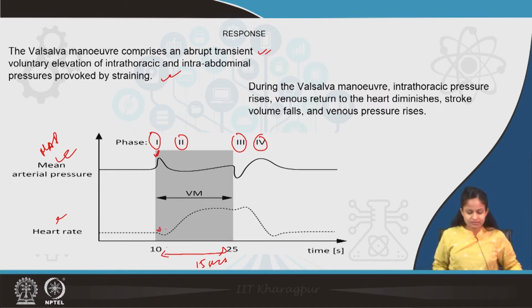Now, this transient increase in the blood pressure is because of the mechanical event, because of the straining process of the forced expiration which we had done, which is followed by phase 2. In phase 2 we can see there is a fall in the blood pressure, and this fall is correlated with the increase in the heart rate.